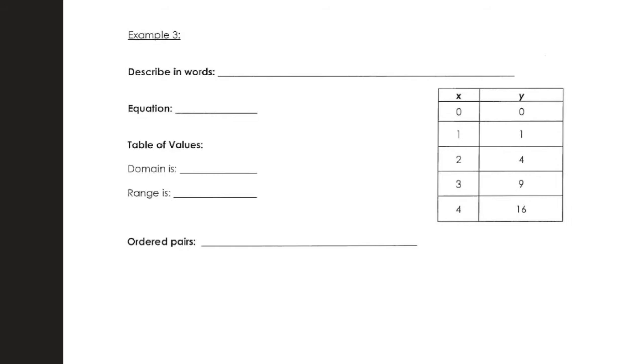So maybe I do my ordered pairs first because I can see those from my table. Remember, what that says is this x value of 0 gives me that y value of 0. I know how they're paired up. So 1 goes with 1, 2 goes with 4, 3 with 9, and so on and so on.